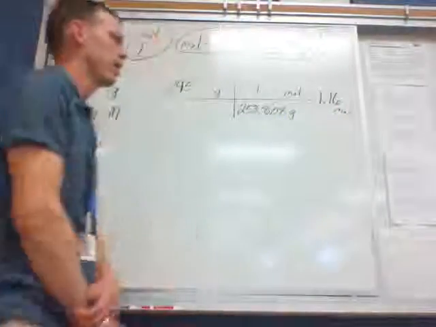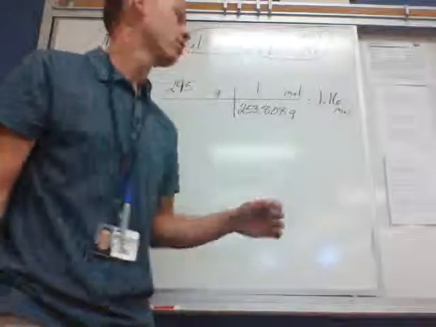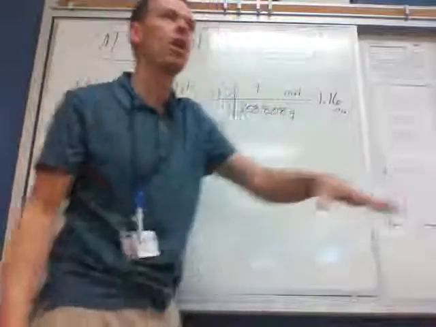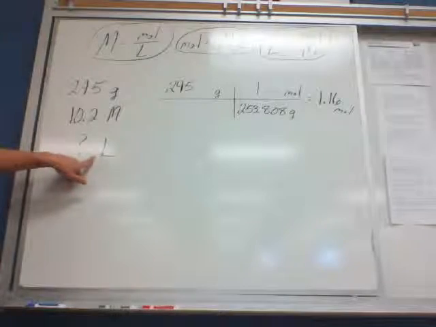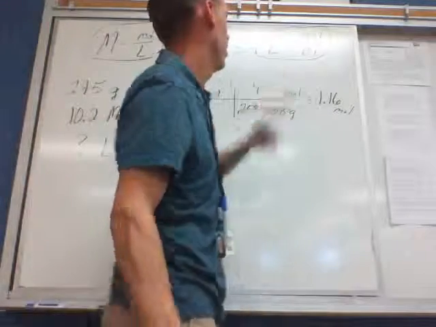I've done the first part of what the cheat sheet says to do. Then, use the mole that you got in the equation to solve. This problem has us finding liters. To find liters, it's moles divided by molarity.